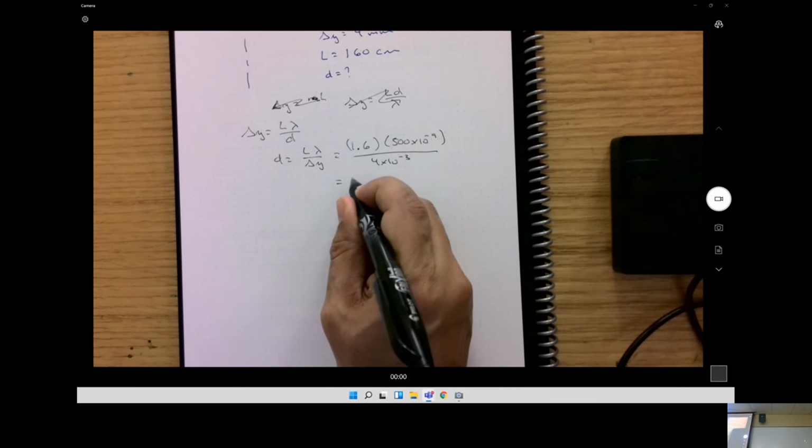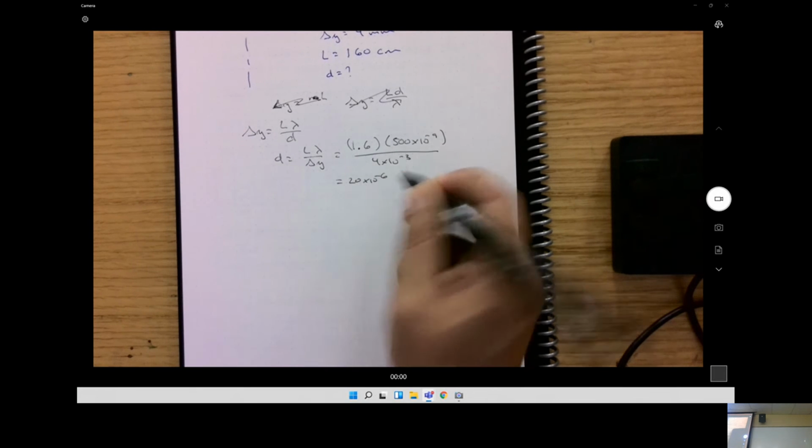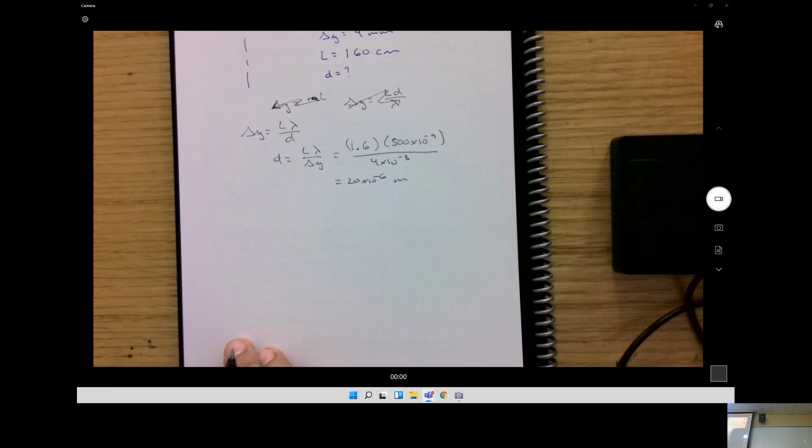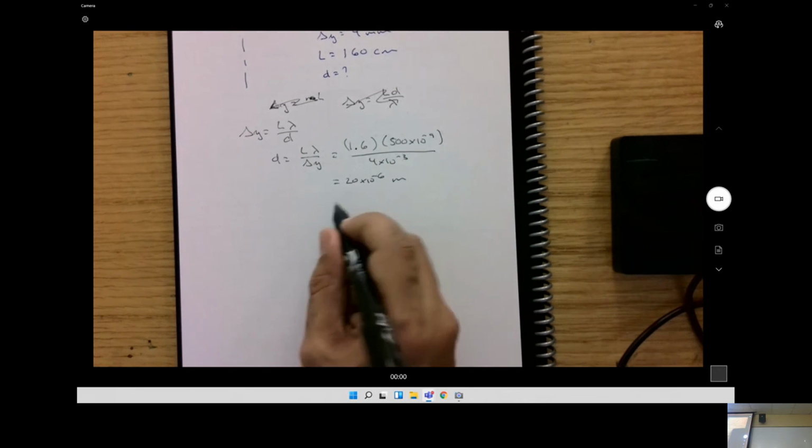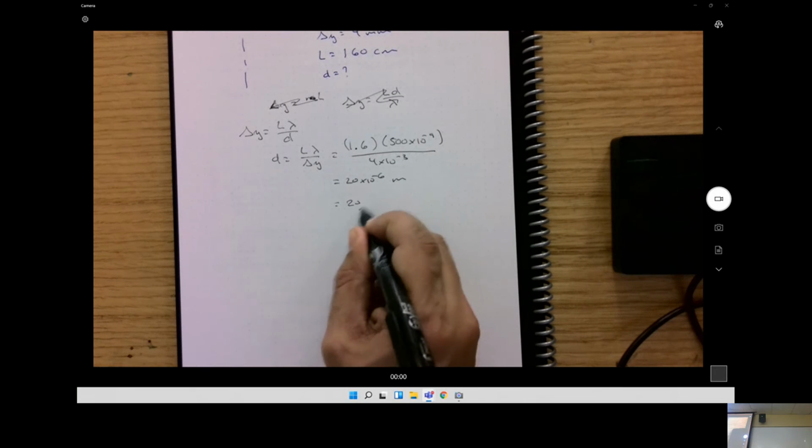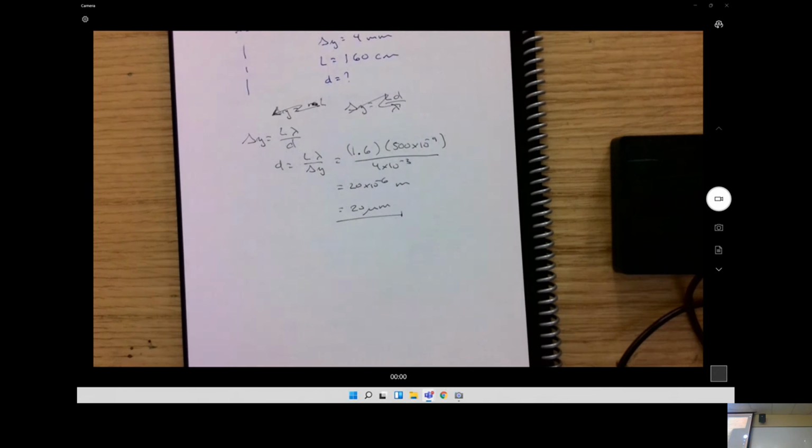And I got 20 times 10 to the minus 6 meters. So 20 micrometers. Everybody got that?